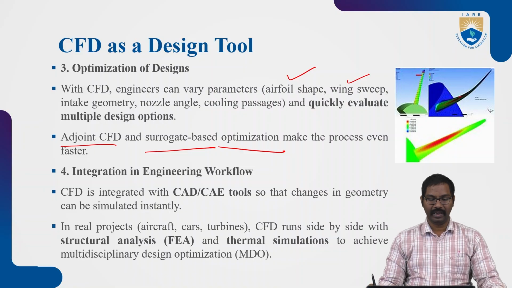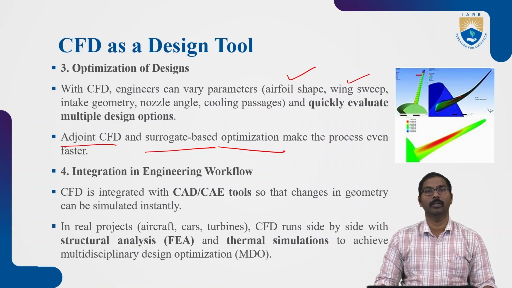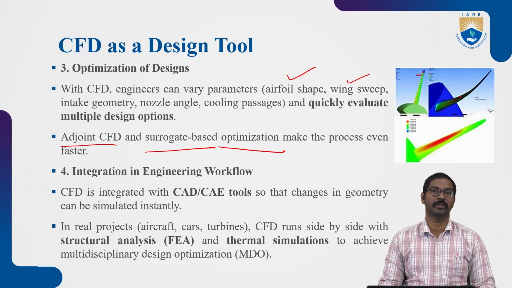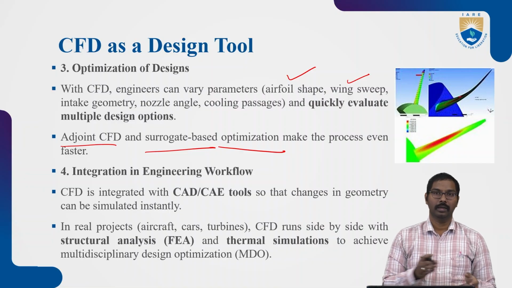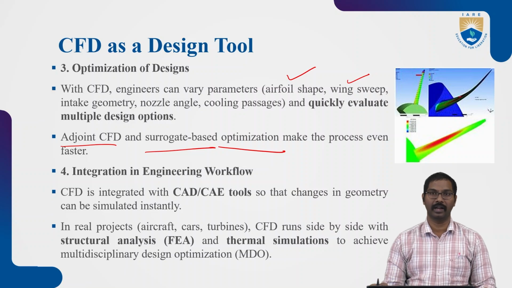Similarly, integrating the engineering workflow. This is one of the most important capabilities of the CFD, where it is going to integrate the CAD or CAE tools, so that changes in the geometry can be simulated instantly.